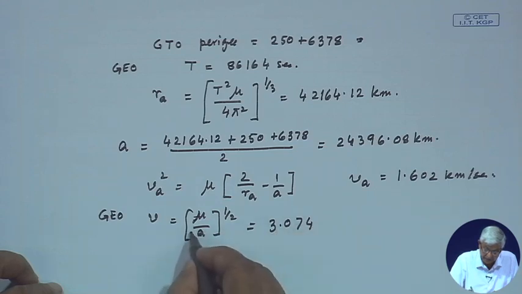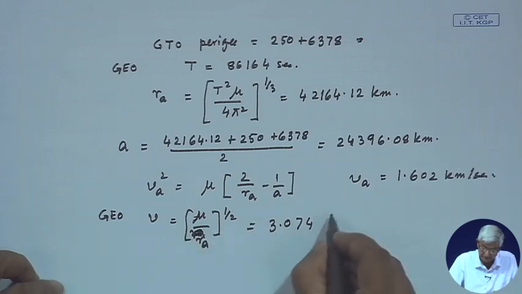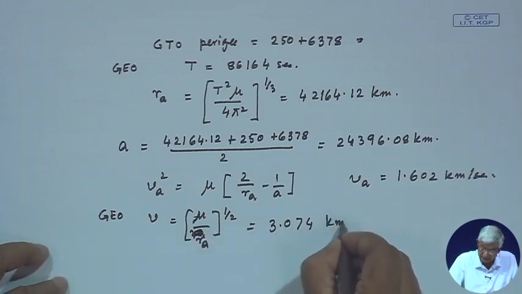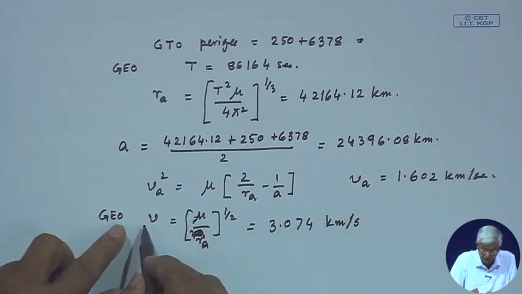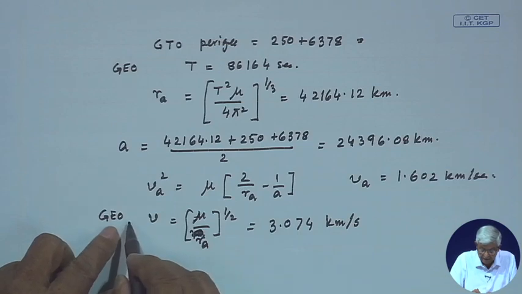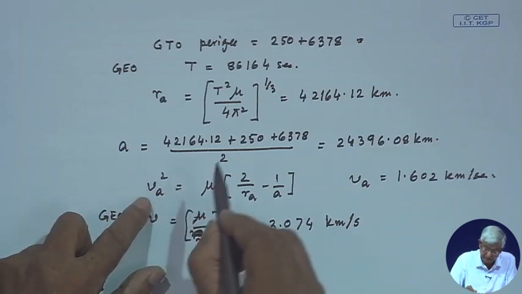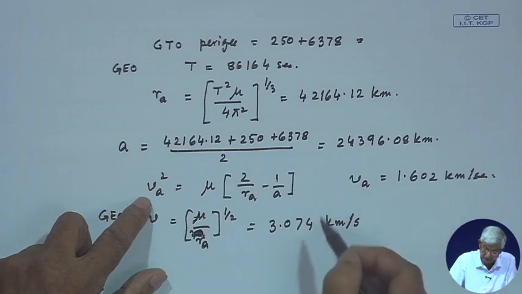I said A, it is actually R A, no confusion. So, now we have a GEO velocity and an apogee velocity of the elliptical orbit, which are different.